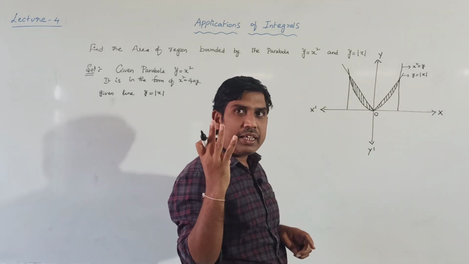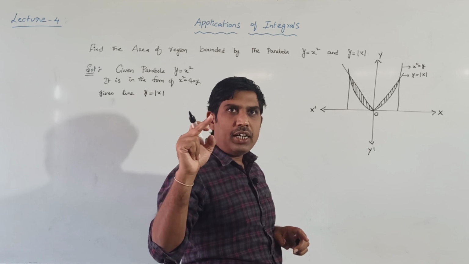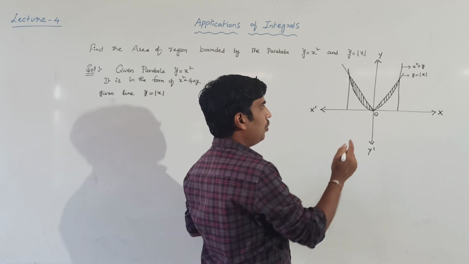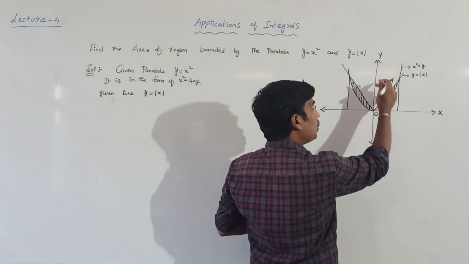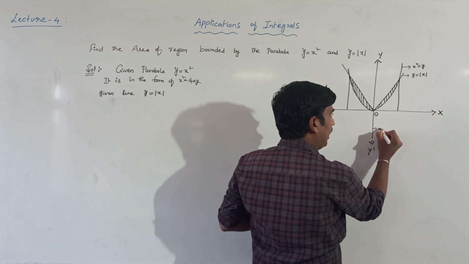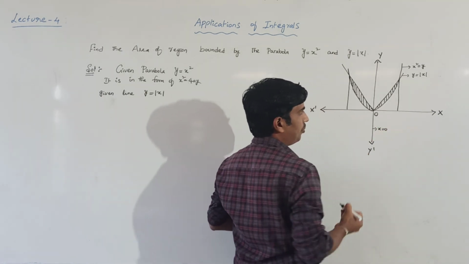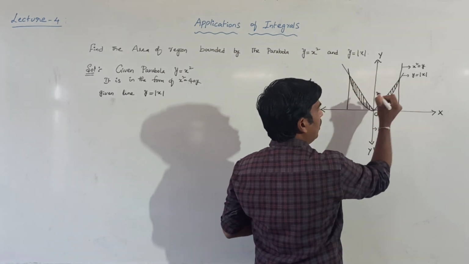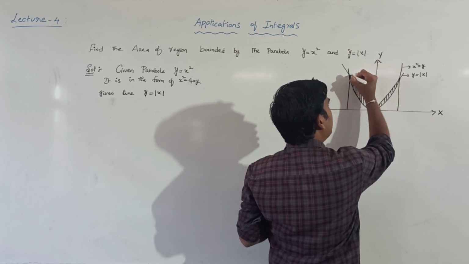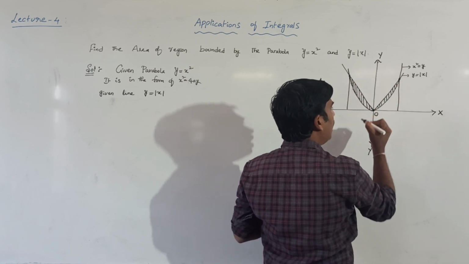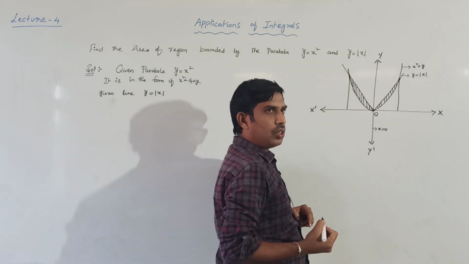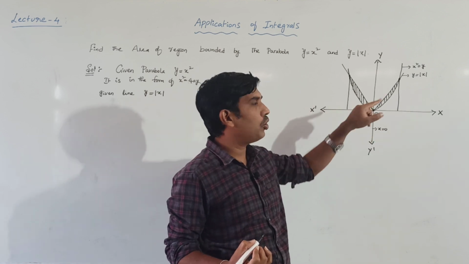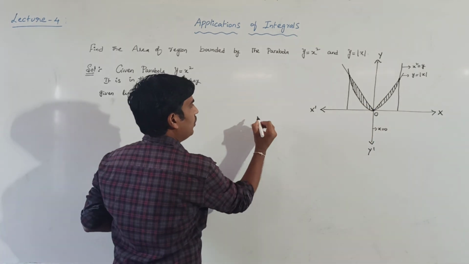Means at 3 places the parabola and the modulus function curve will intersect. So one is at origin. So what is this y-axis equation? X is equals to 0. What about this one and this one? So where the two curves intersect at these 3 points, so we have to find out just by looking here. I drawn x is equals to 0 written, but what about that 2 means solve that 2 equations.